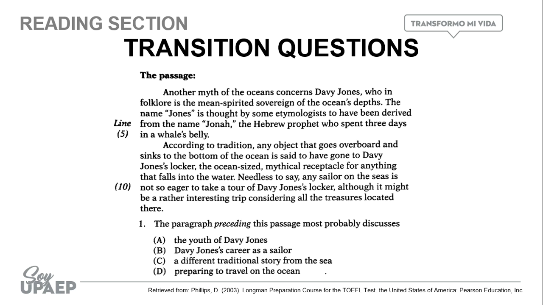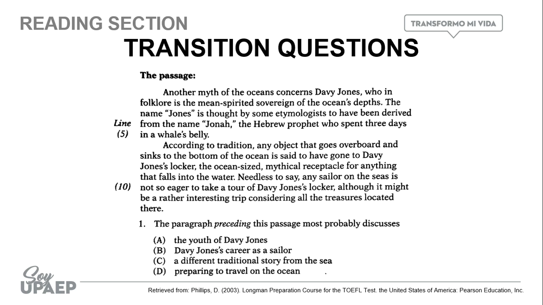We start by reading the first question. The question says, the paragraph preceding this passage most probably discusses. If you notice, they are asking you about the information that would have appeared before the first paragraph.